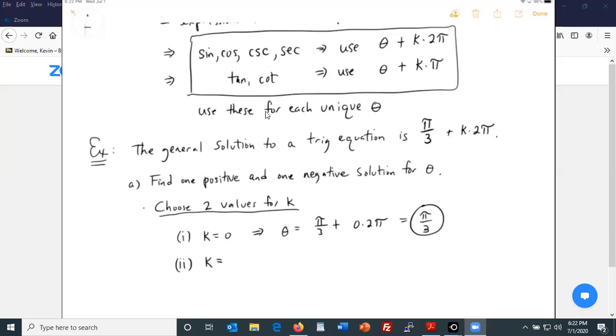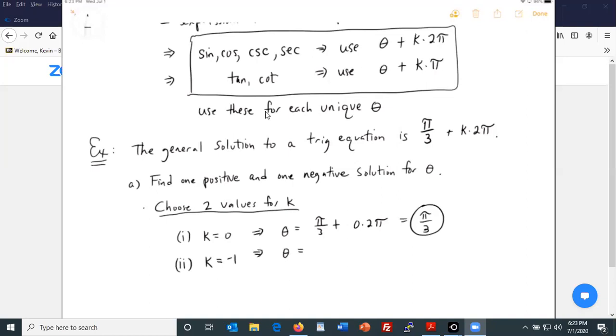So I just found a positive value. Now, how do you think we could find a negative value? Remember, it's pi over 3 plus. So in order to make this negative, I need to subtract something. So how about I let k equal -1? Let's see what happens.